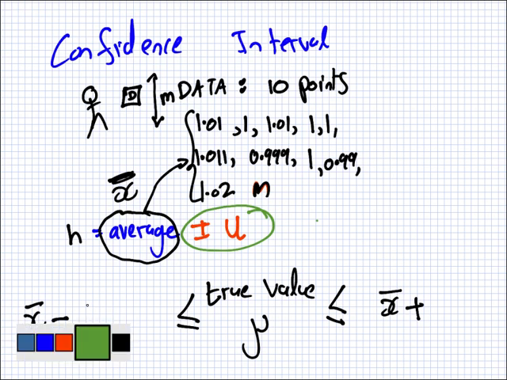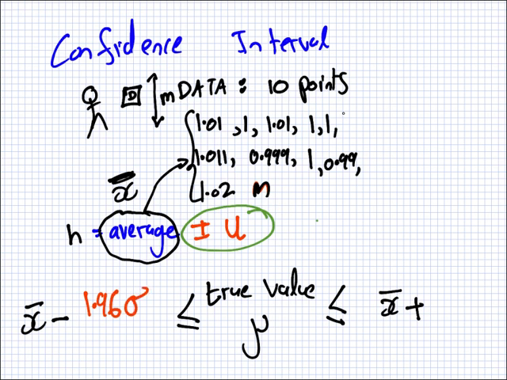And the formula is this. You use 1.96 sigma, and you get the sigma from here. Now, the good news is, in the exam, you don't have to calculate the sigma. They just give it to you. They might say something like sigma is 0.099, or whatever.